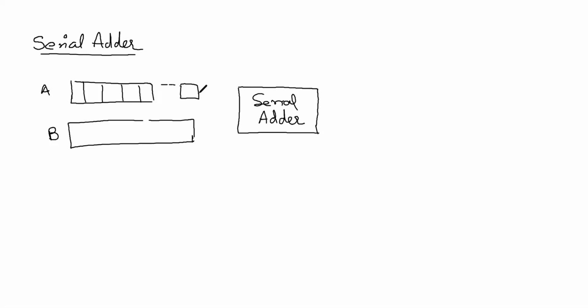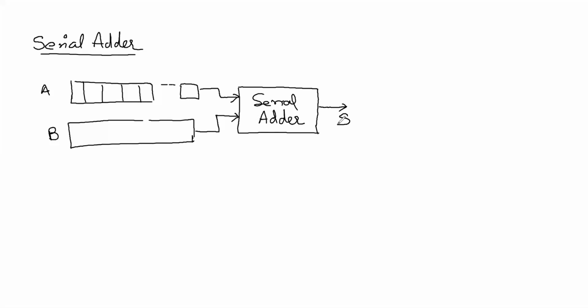What it'll do is take one input A and another input B, one bit at a time, starting from the LSB. So the least significant bit will come first, and it will give the sum bit by bit. If there are n-bit numbers, you are generating an n-bit sum out of it.